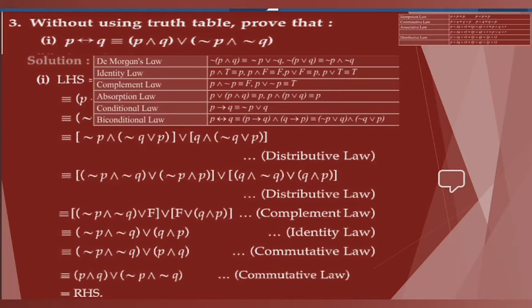Now next use the identity law. What is the identity law? See the table. Identity law means P and T is P, P and F is F, P or F is P, and P or T is T. Then we use the identity law here: this we write as it is, and this bracket, suppose P, means P or F. In the table, P or F means P, so we write this P bracket as it is.